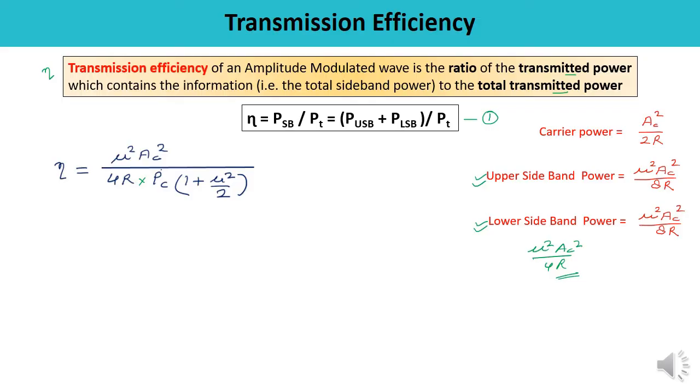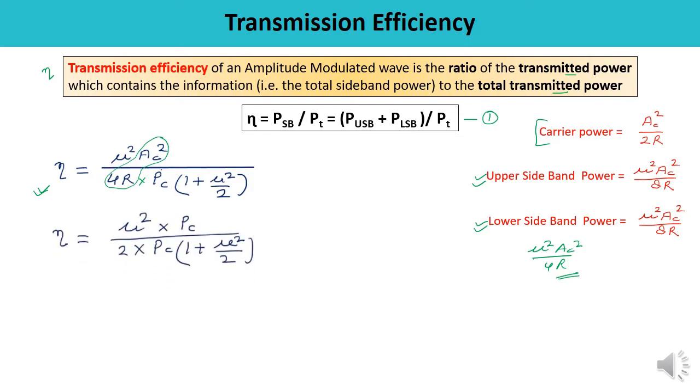Using the formula of carrier power, AC square upon 2R, from AC square upon 4R, if you write 4 as 2 into 2, AC square upon 2R gives you PC.